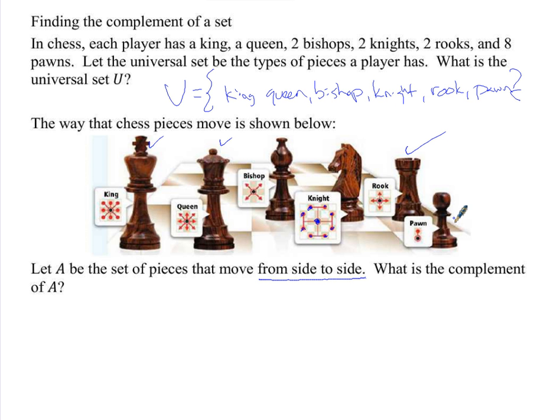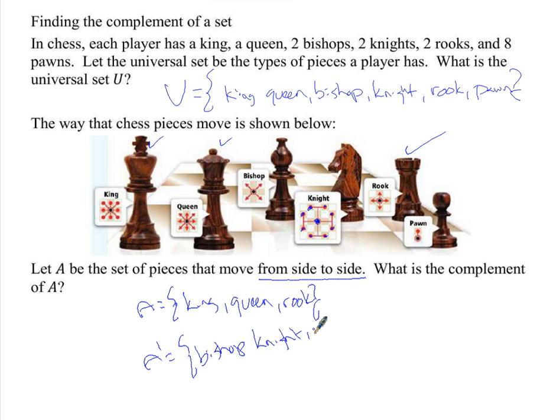No. So if the subset A is the pieces that move from side to side, then A equals king, queen, rook. Which means A prime, the complement of the set, is bishop, knight, pawn.